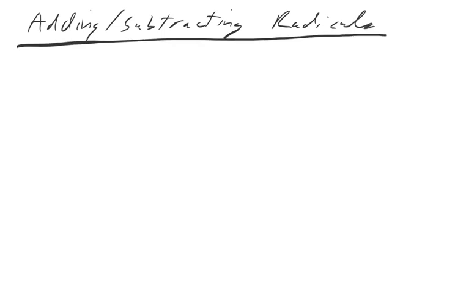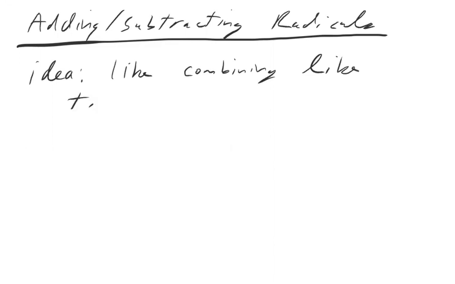So there's a big idea with this, and the big idea is this is like combining like terms. Do you remember combining like terms with algebra? Okay, so this is like combining like terms. So I'll give you an example and show you what I mean by combining like terms.